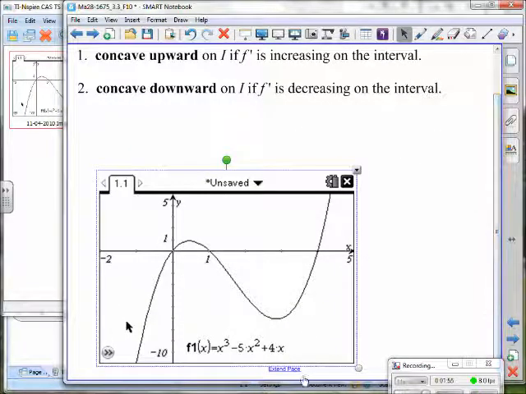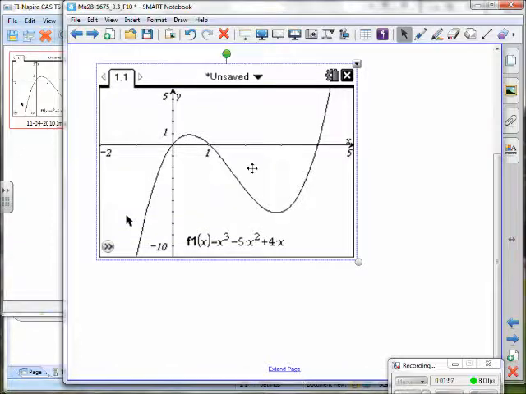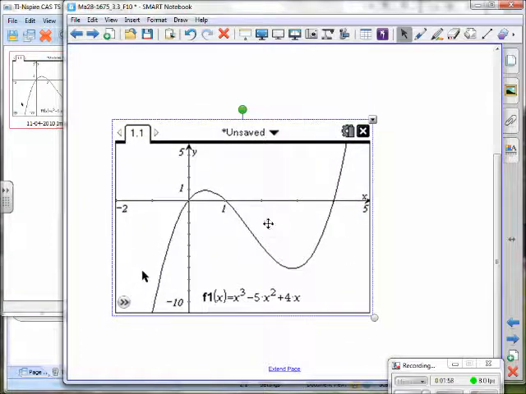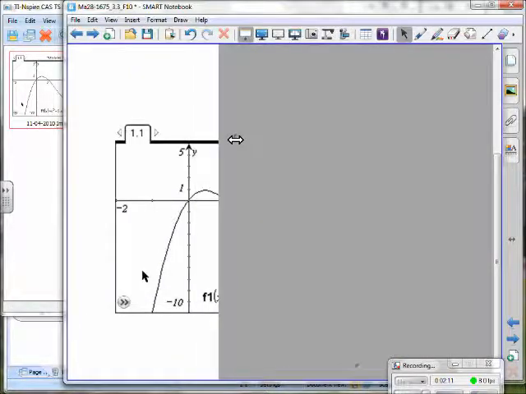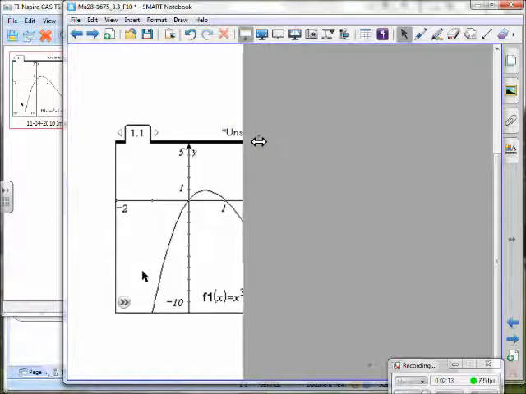Again, mostly what we took care of on Tuesday was just looking at the second derivative on this section. On today's lecture for this section, what I want to do is take this and move this right about here. Just part of the graph.